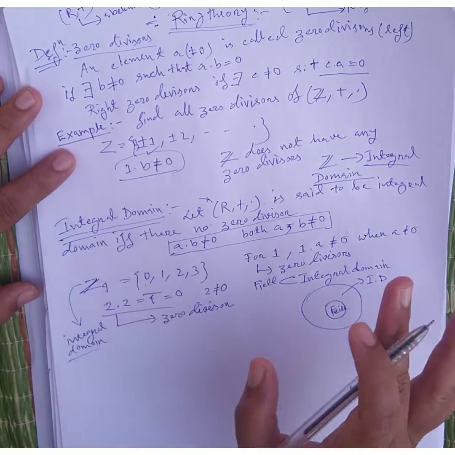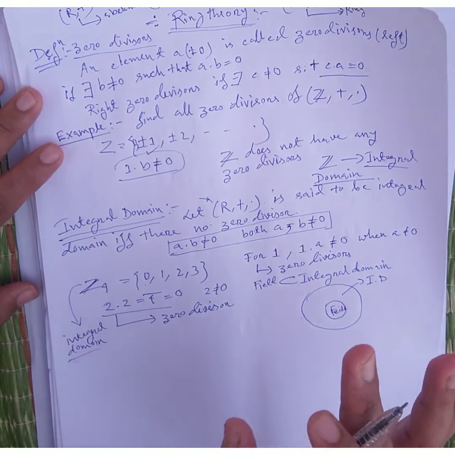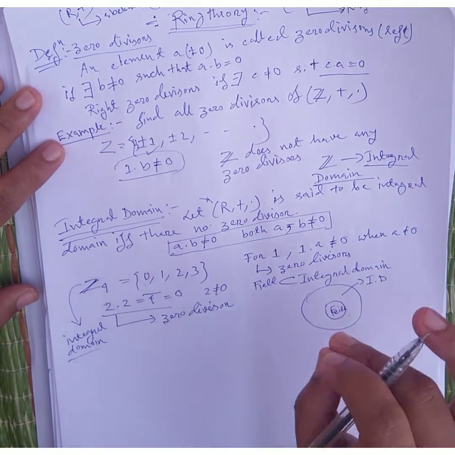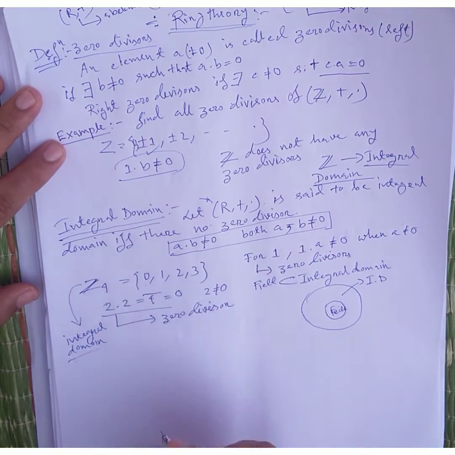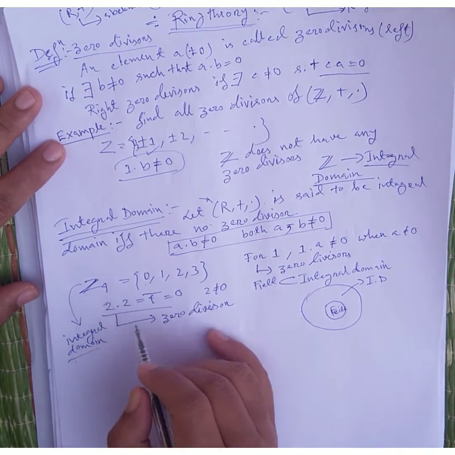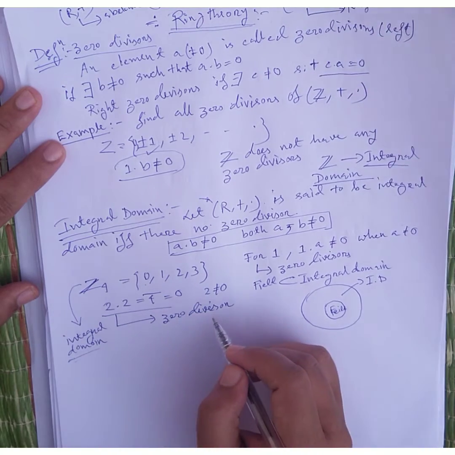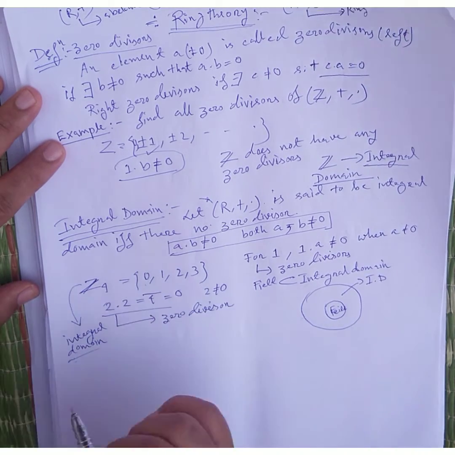So it is not a field. When zero divisors are present in a ring, then it is not an integral domain and it is not a field. So in Z4 I get zero divisors, so it is not an integral domain and it is not a field.